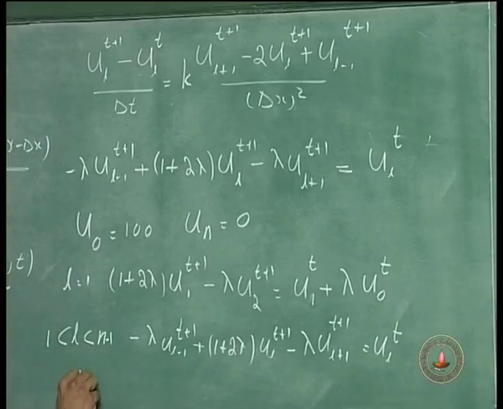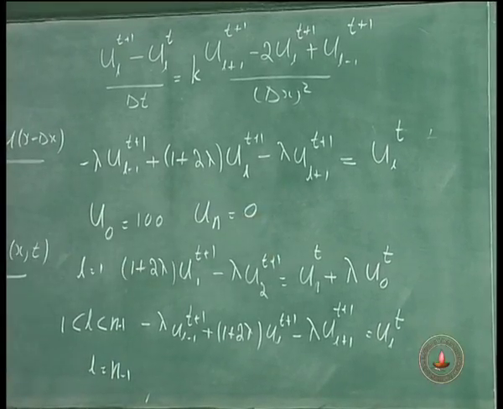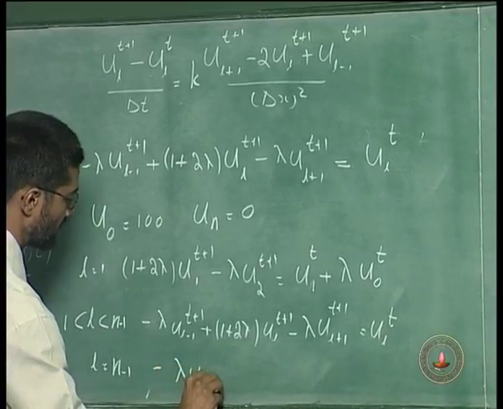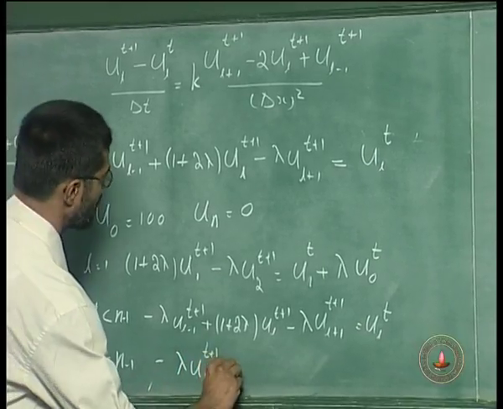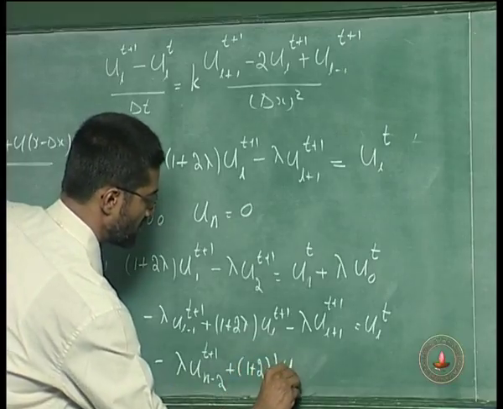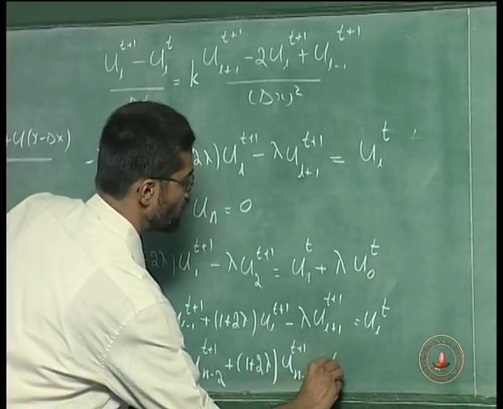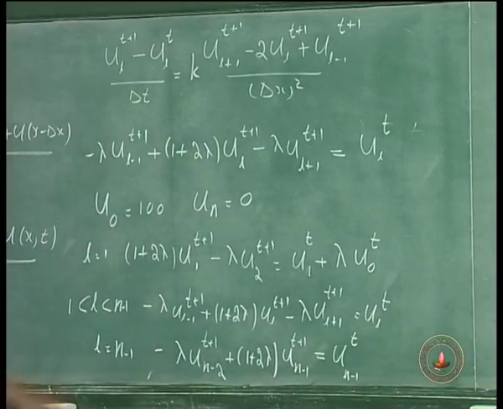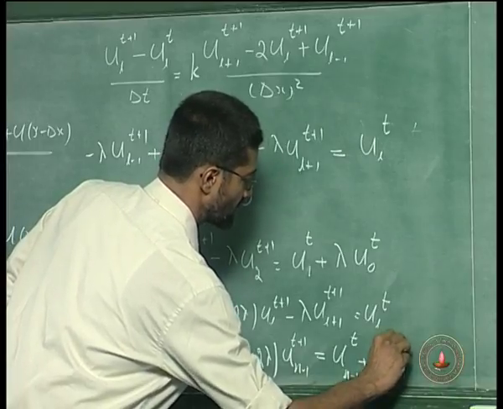For L equal to n minus 1, again we have a problem on this end. So, we can write that now as minus lambda u n minus 2 at time t plus 1, plus 1 plus 2 lambda times u n minus 1 at time t plus 1, is equal to u n minus 1 at time t plus lambda times u n at time t.